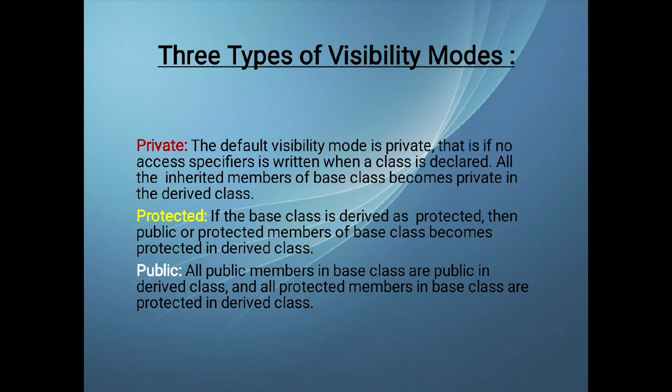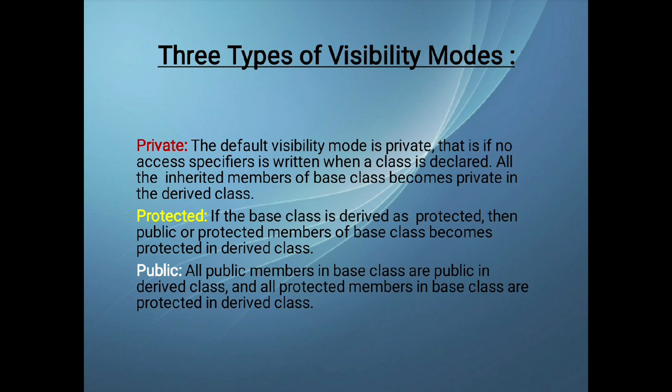The first one is private. The default visibility mode is private. By default, if no access specifier is mentioned or written when a class gets declared, the members of that class will be private. So in that case, all the inherited members of the base class become private in the derived class.